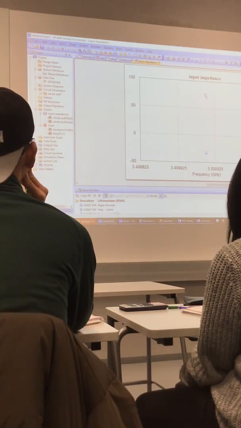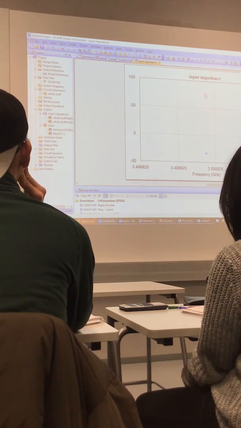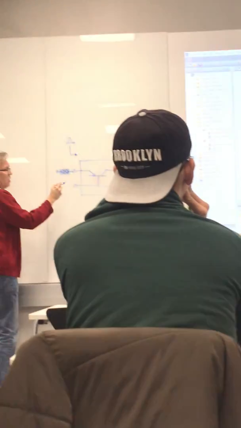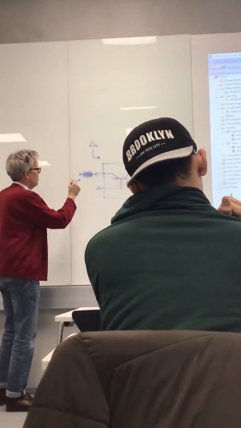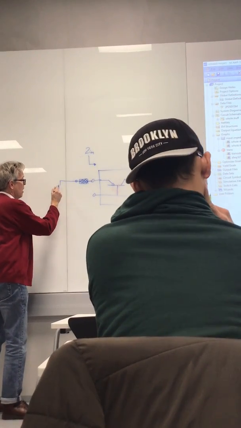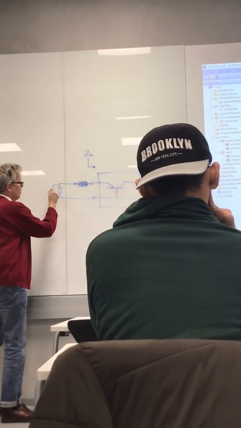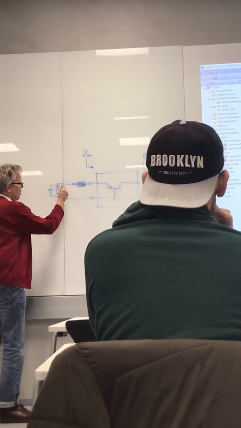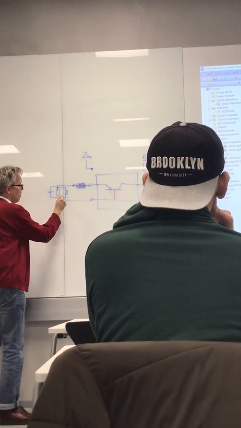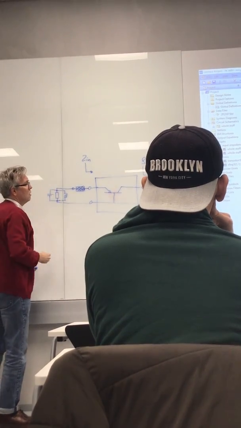You should first have a component here that compensates for the imaginary part. Then you add the resonator. This.